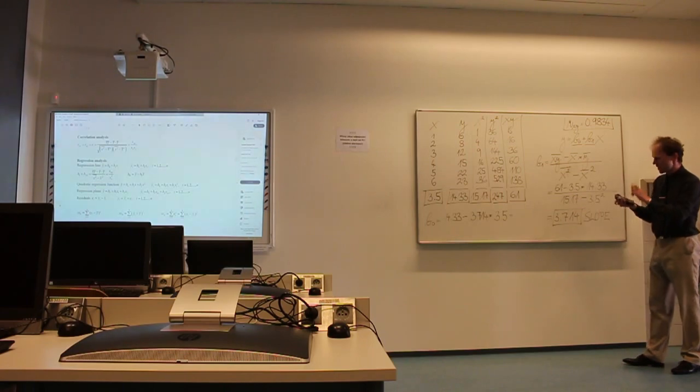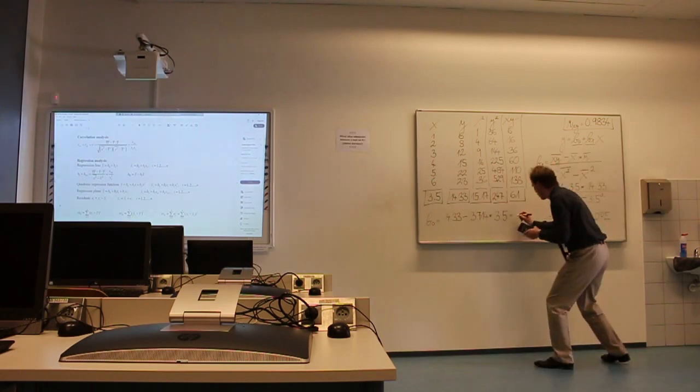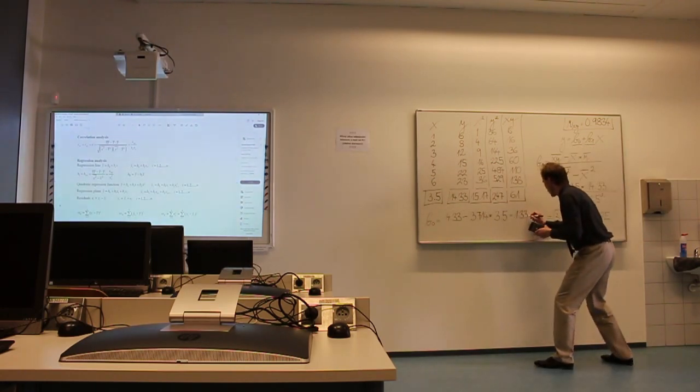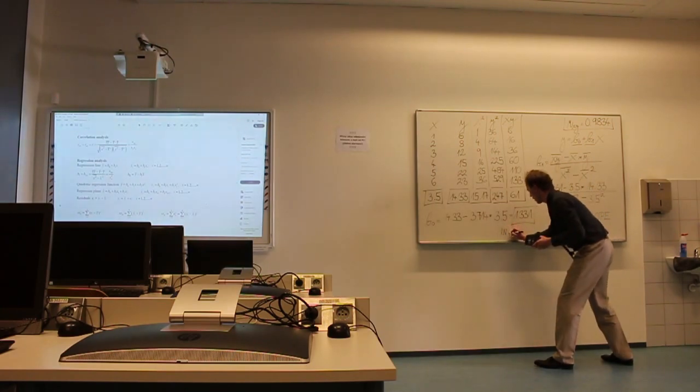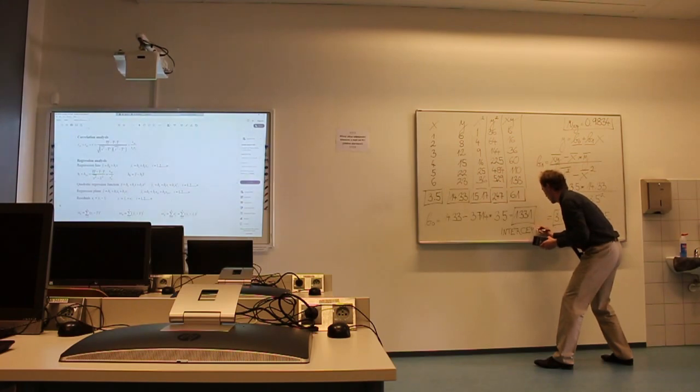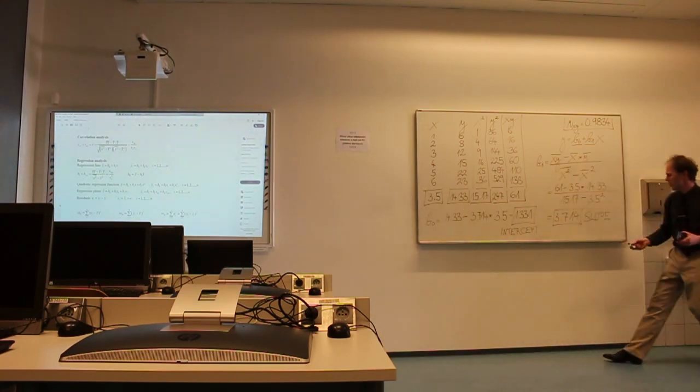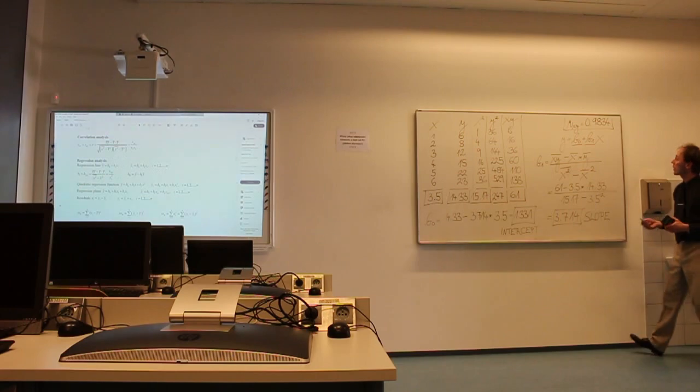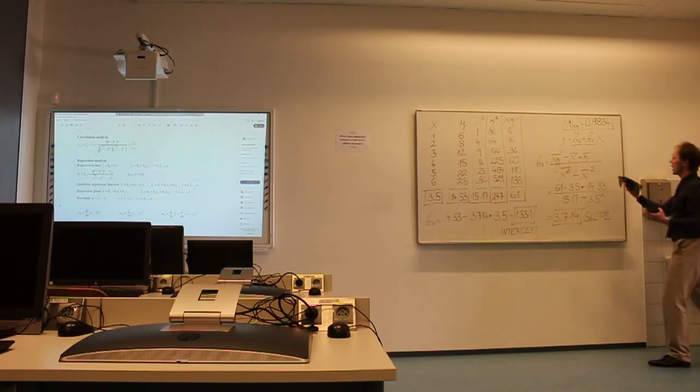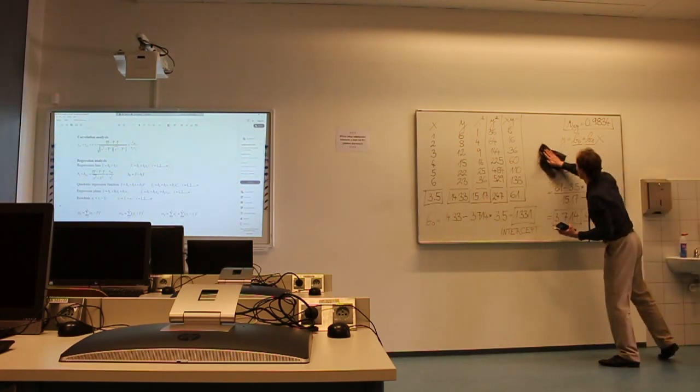So this will be the intercept: 14.33 minus 3.714 times 3.5 equals 1.331. So this is the intercept of the regression line, and this is the slope of the regression line.